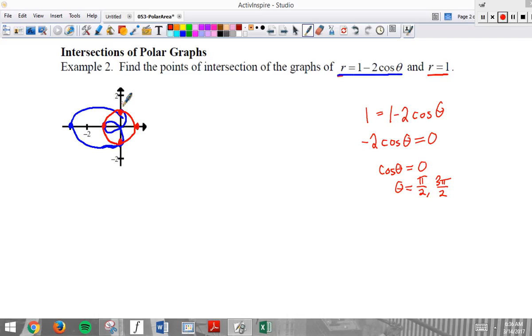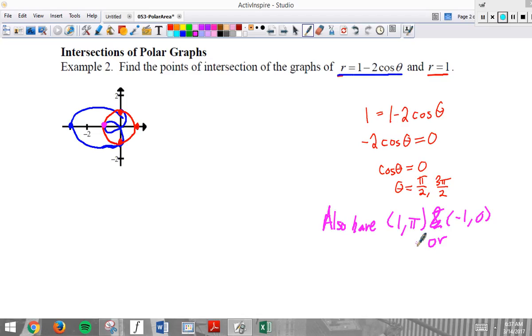Now, we have these two intersections right here and here, but we also have 1 comma pi, or negative 1 comma 0. I'm sorry, that should be an or. It's the same point. So why do our equations miss that?